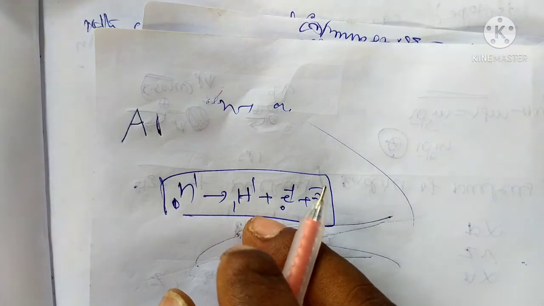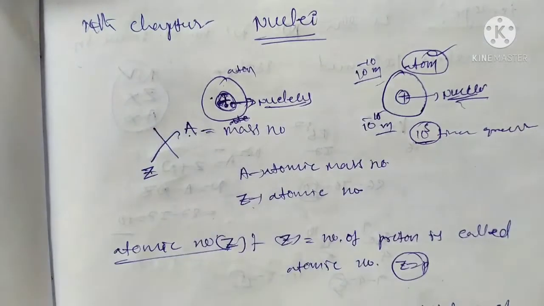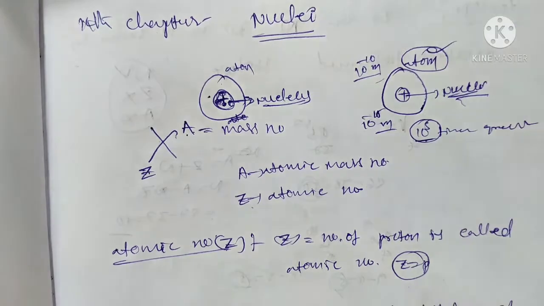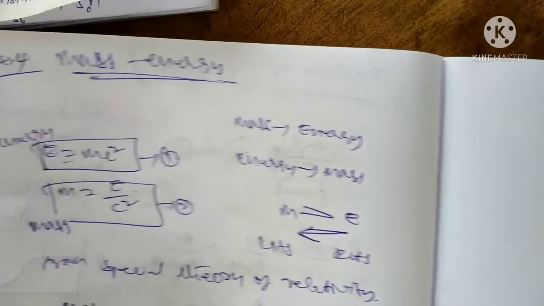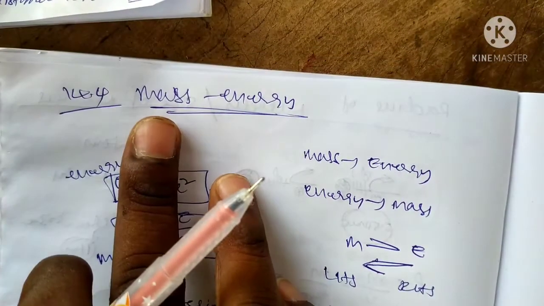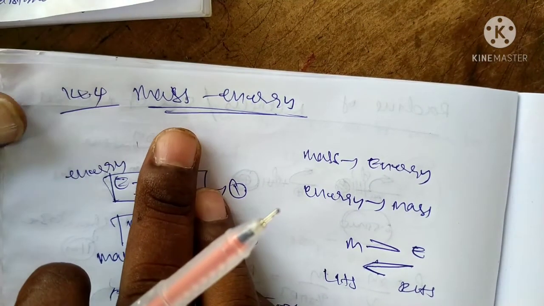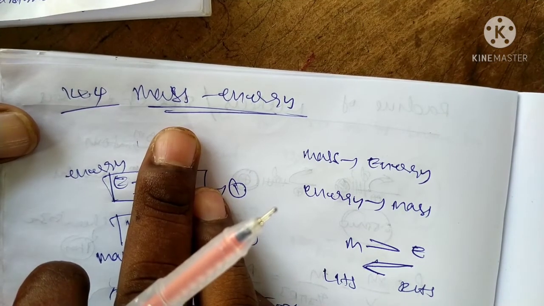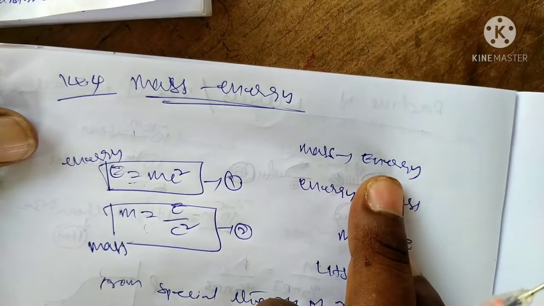Now we discuss the mass energy relation, that is the next topic. Einstein suggested a relation between mass and energy.